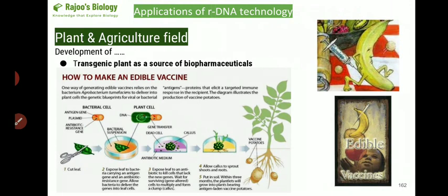Now this concept has arisen, and research is ongoing. Successfully, hepatitis B surface vaccine can be produced by this technology. So the edible vaccine is a future concern, and it is useful for the field of agriculture plus the medical field.